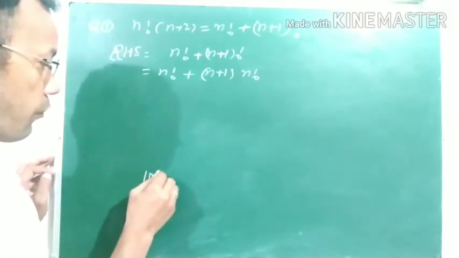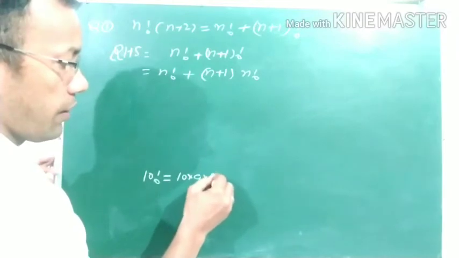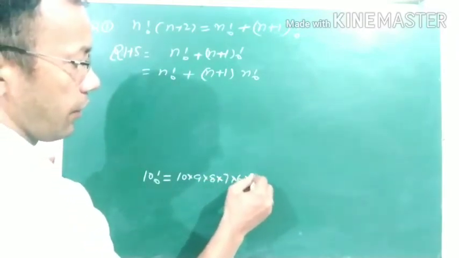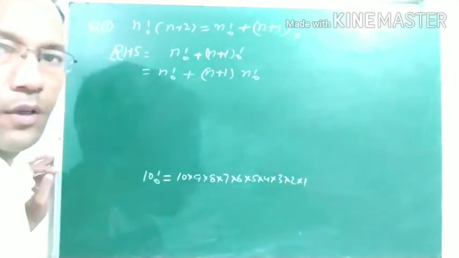If 10 factorial, we write it as 10 into 9 into 8 into 7 into 6 into 5 into 4 into 3 into 2 into 1, right?